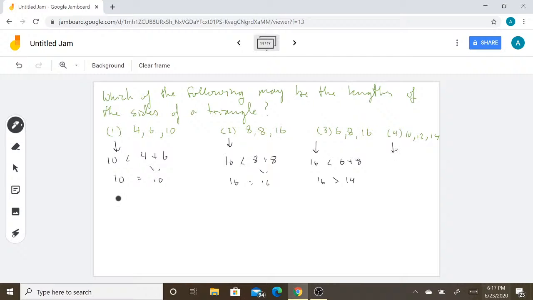And then finally we have this, 14 is less than 10 plus 12. Well, that's correct because 14 is less than 22.